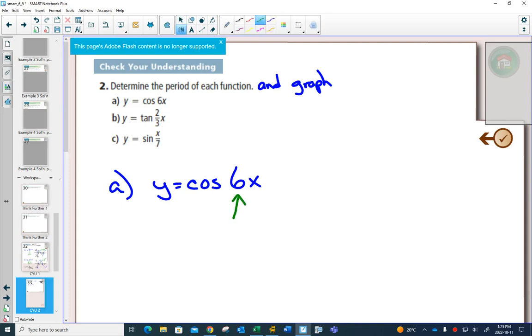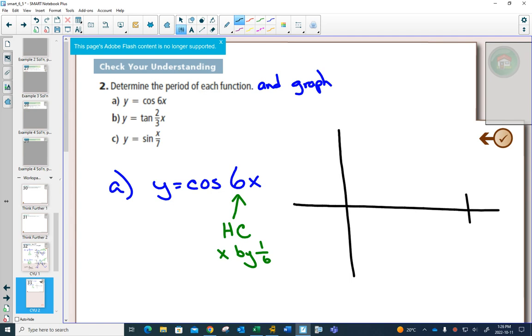Back to transformations, that 6 inside is going to be a horizontal, because it's inside, and it's going to be a compression, because you would multiply x by 1/6. Now, our shortcut for graphing with a number inside.